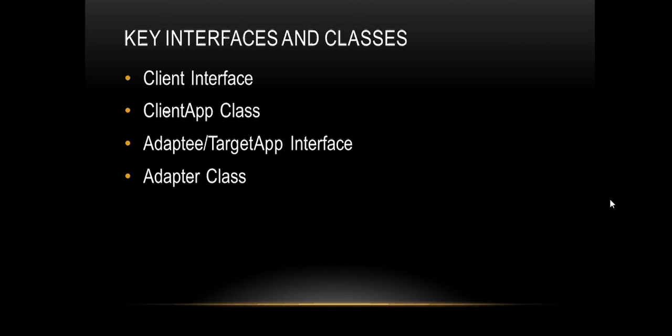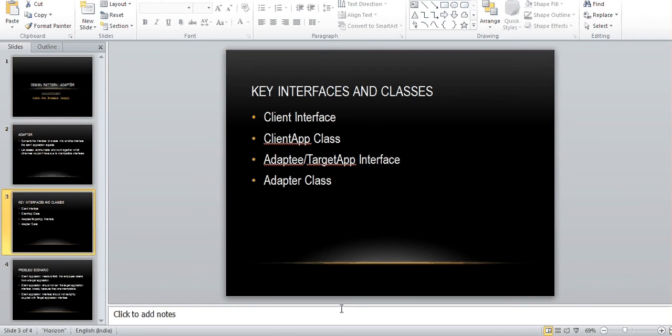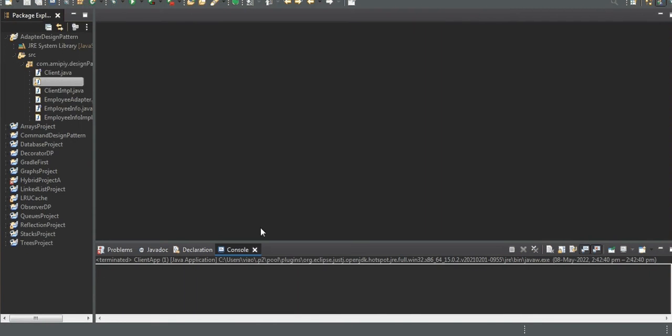And then I will have an adapter class which will make the communication possible between my client application and the target application. So let's see via code what it is all about.